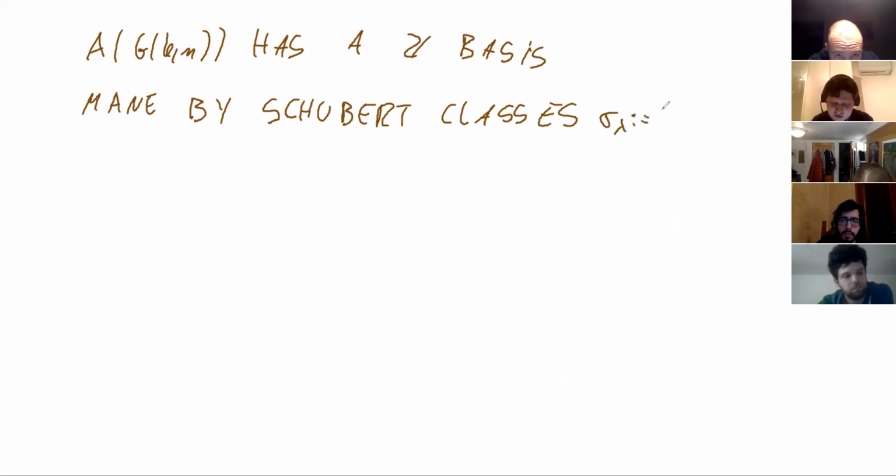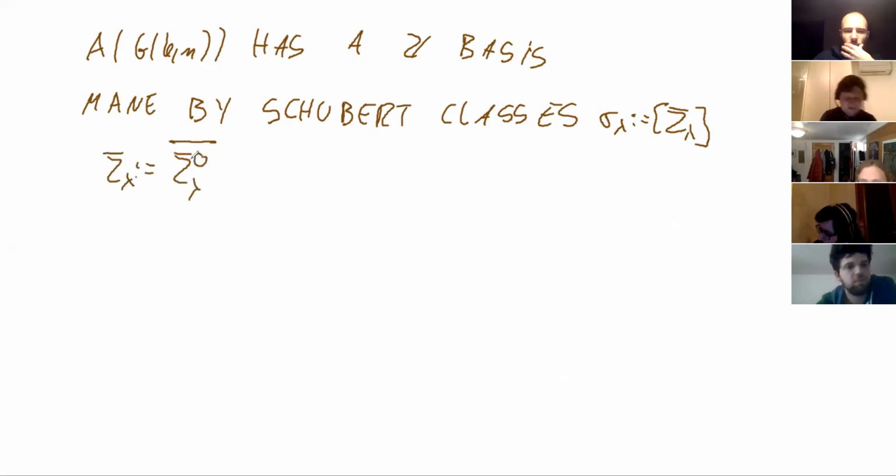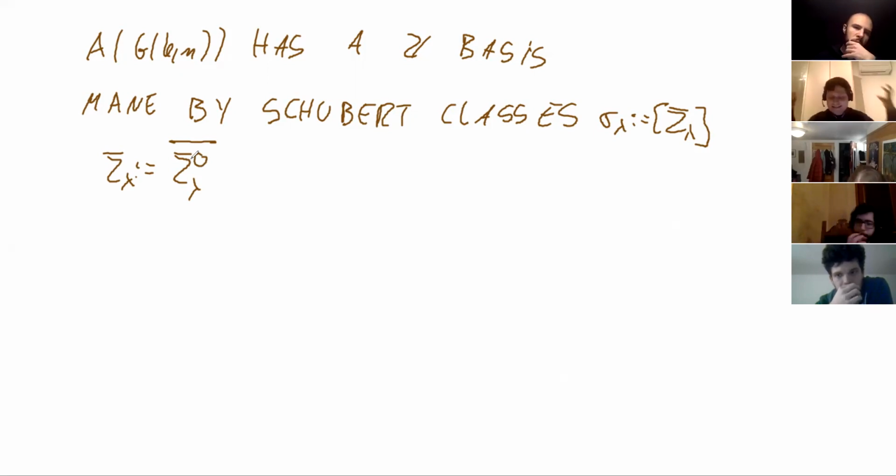By definition, this is the class of sigma lambda, where sigma lambda is the closure of sigma lambda 0. These are more complicated subvarieties than in the case of projective space, but they are still subvarieties and they are nice, and their classes are easy because they are indexed by Young diagrams that fit in a rectangle. So everything we do is combinatorics.